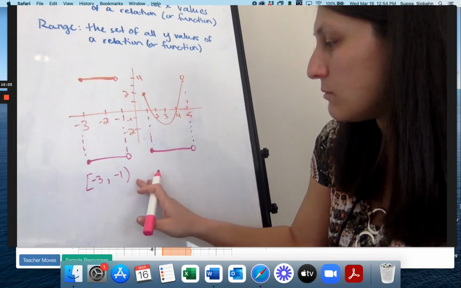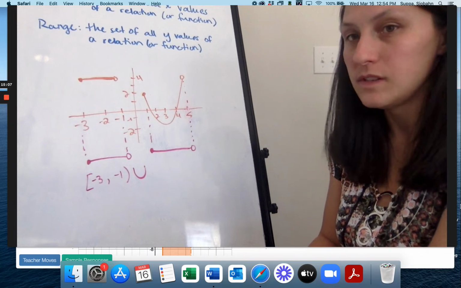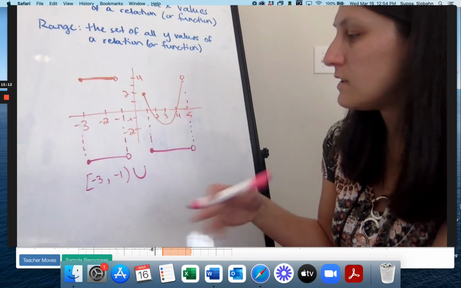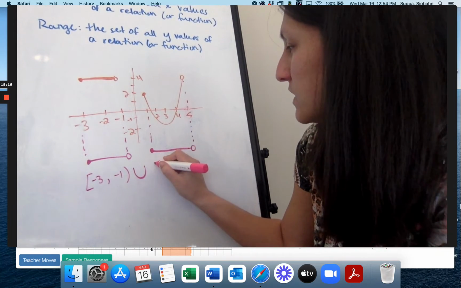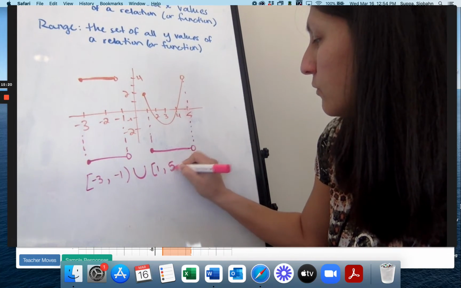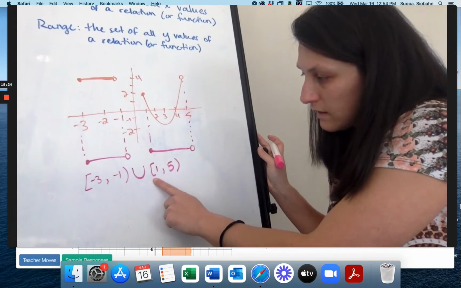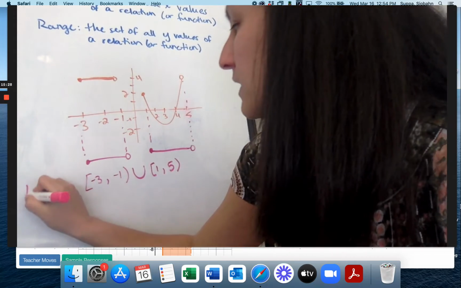Then when you have a jump, the notation is union, which looks like a capital U. You join this segment with the segment from 1 up to 5, with a parenthesis on 5 because of the open circle and a bracket on the 1 because of the closed circle. That is the domain.